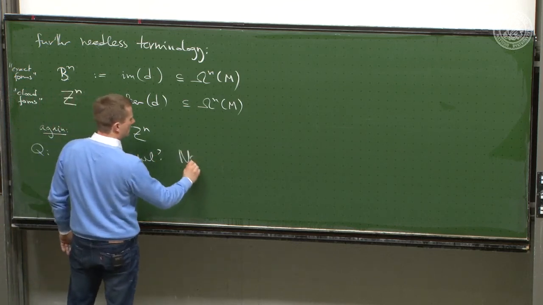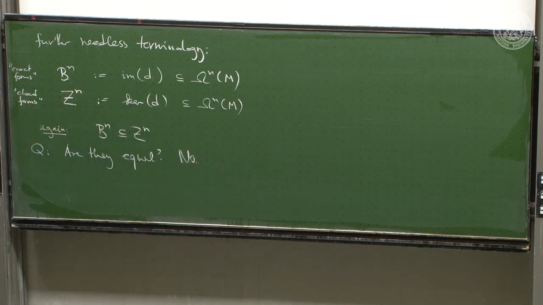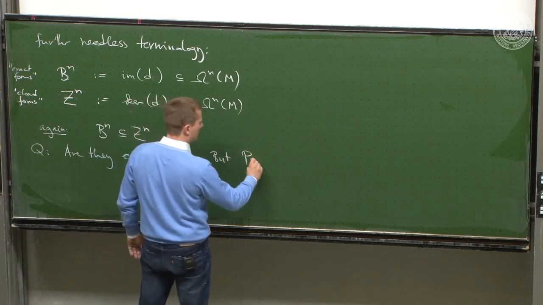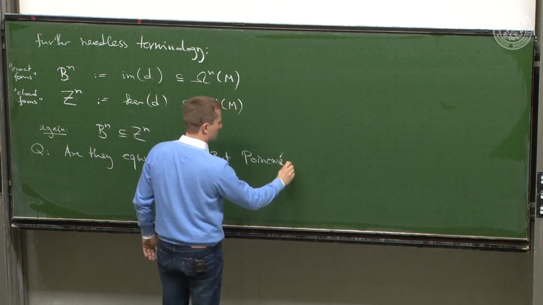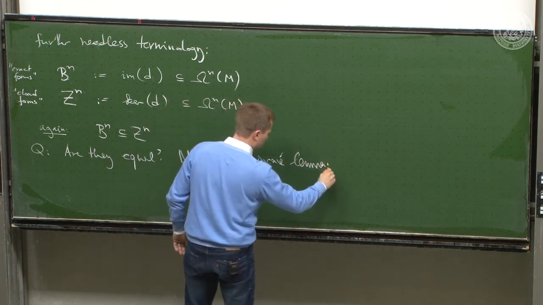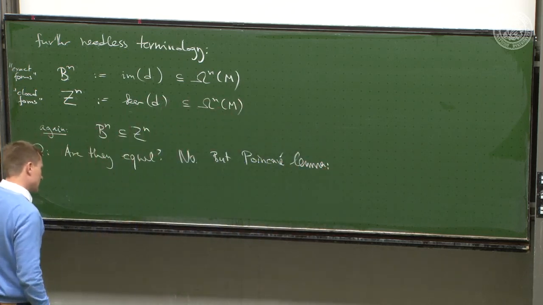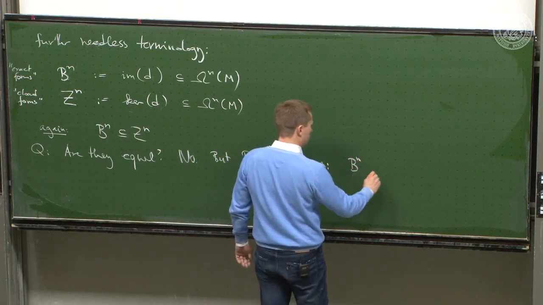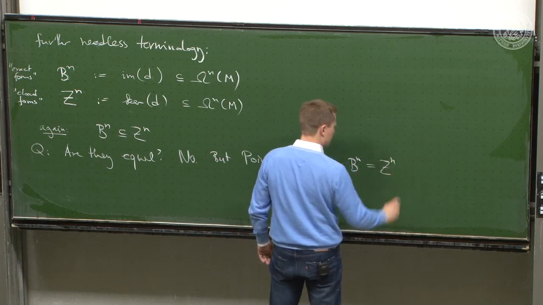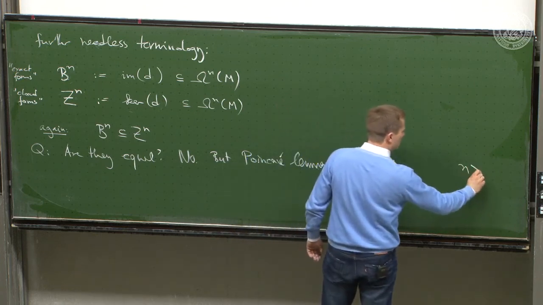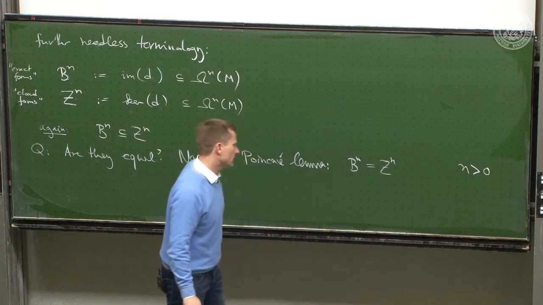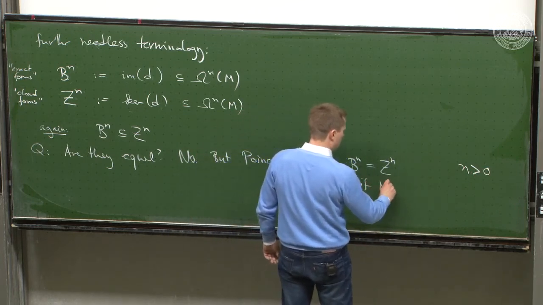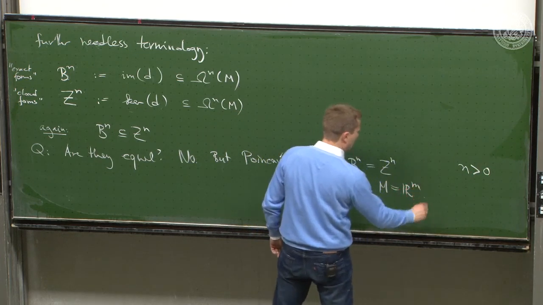The answer is no, okay? But there is the Poincaré lemma, and the Poincaré lemma says that Bn is actually Zn for all n greater than 0, and n equals 0 we look at in a second, if M is some Rm.